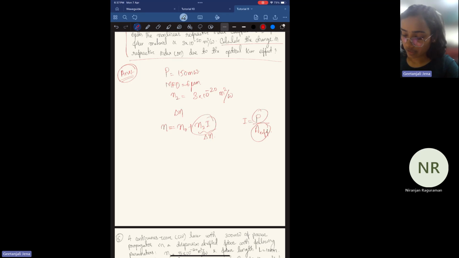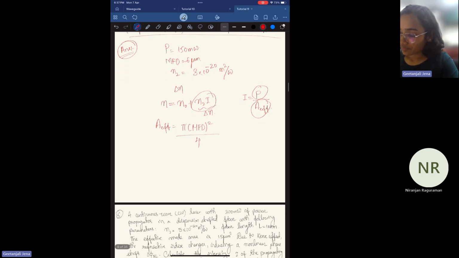Yes, it's correct. You must have used A effective equal to pi MFD squared by 4. This is the relation that you already know.